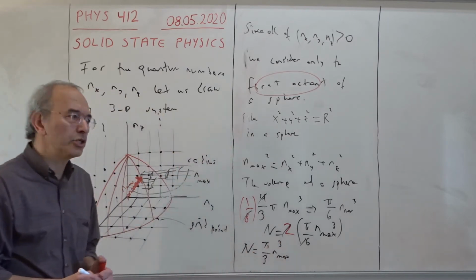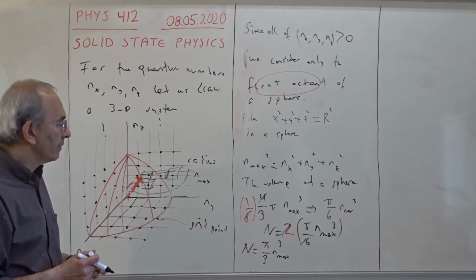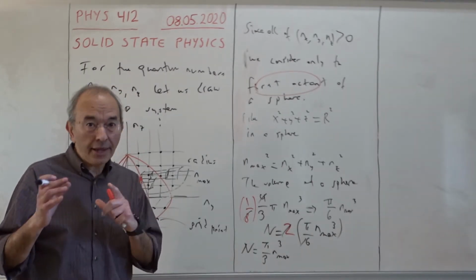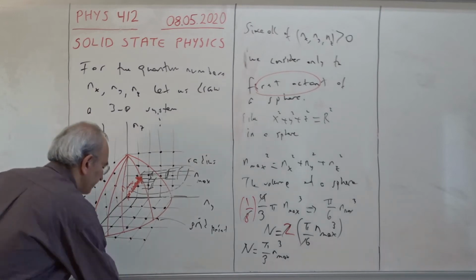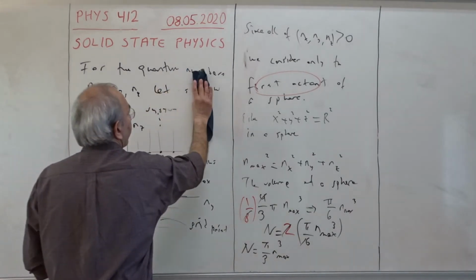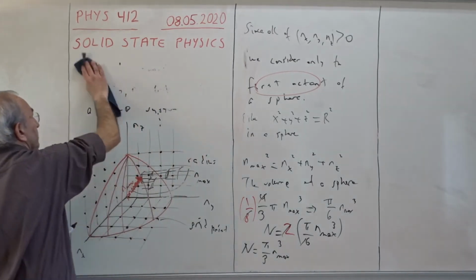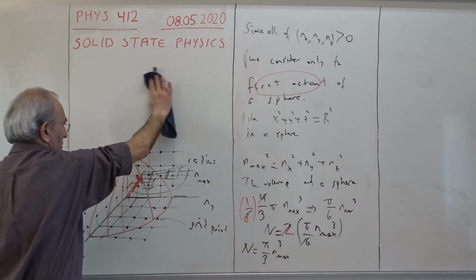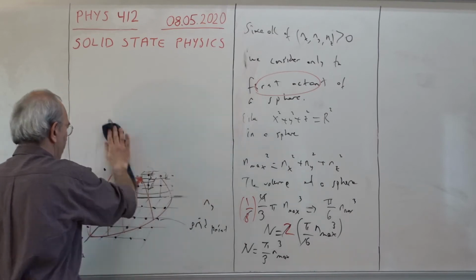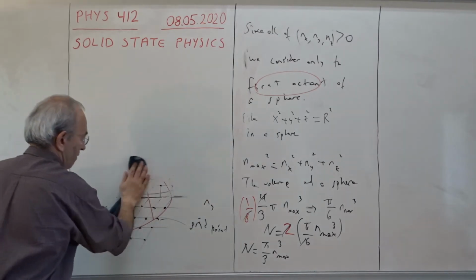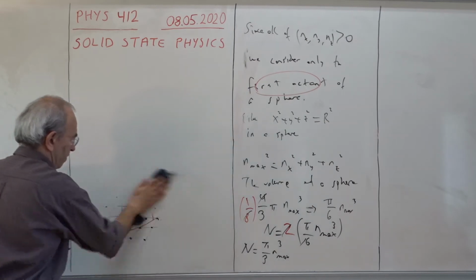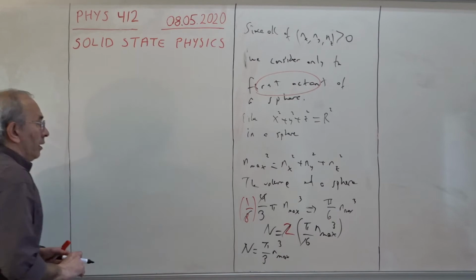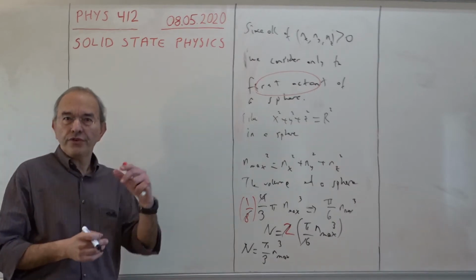This is the relationship. Where do we use n max? We will use it in the energy, Fermi energy, for instance. Let's rewrite the formula for the energy.